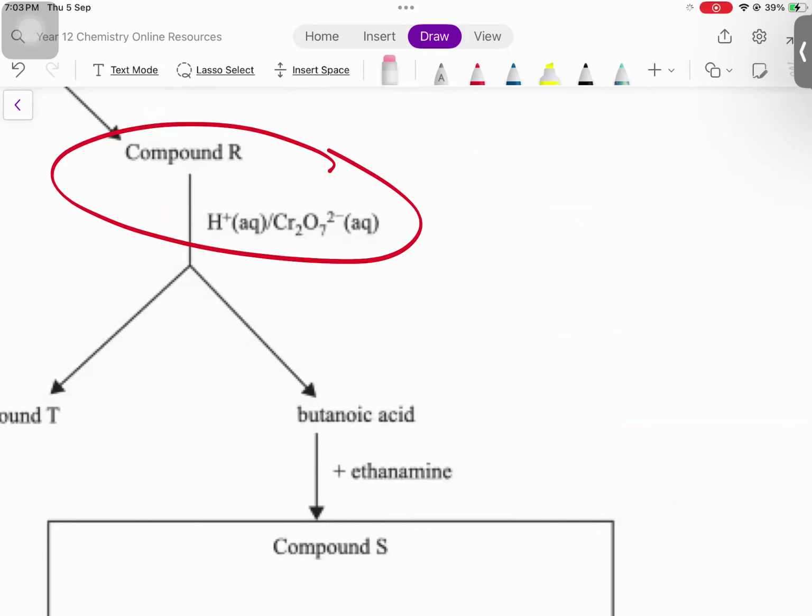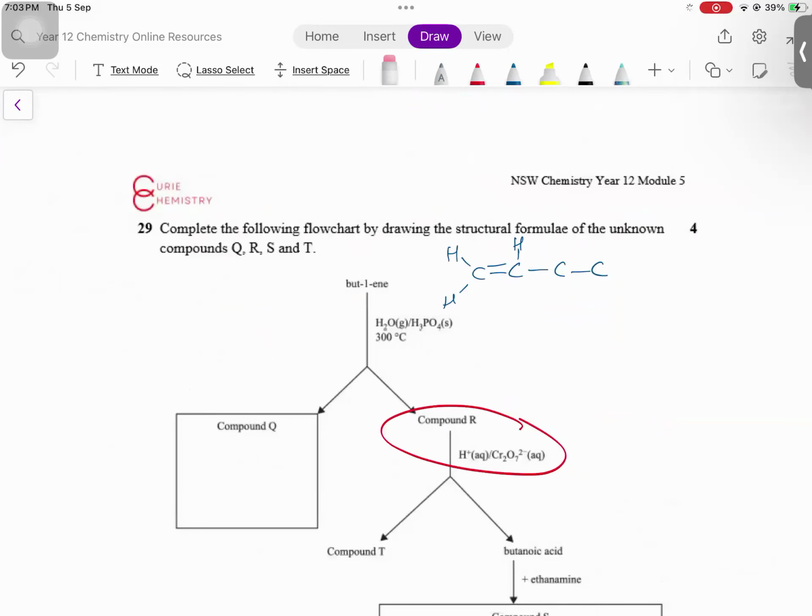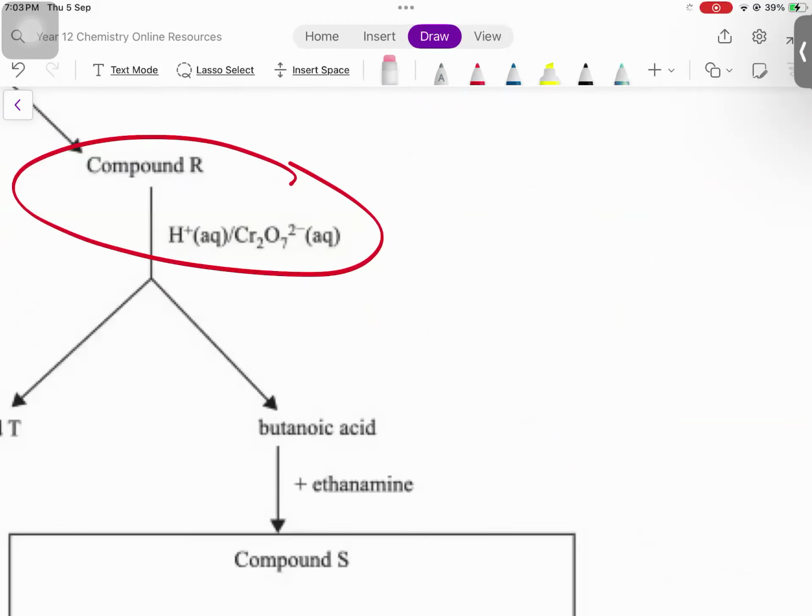So what kind of alcohol does it have to be, primary or secondary? Primary. Good. So compound R has to be a primary or a secondary alcohol for it to oxidize. But then we look further and we realize compound R, after it oxidizes, it goes into butanoic acid, which means it has to be the primary alcohol.